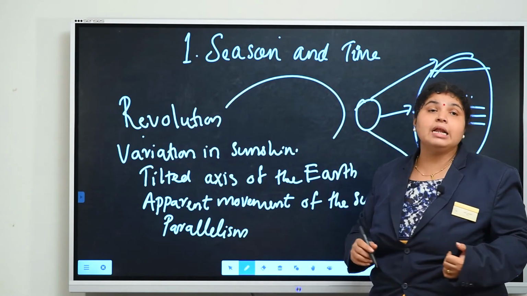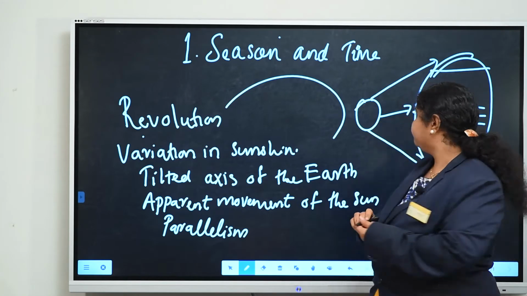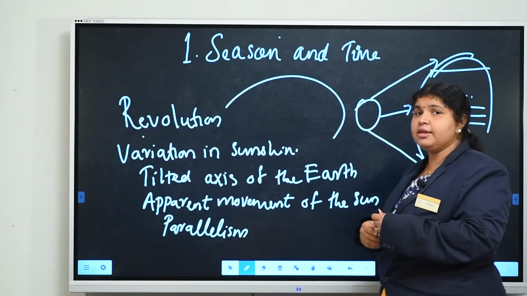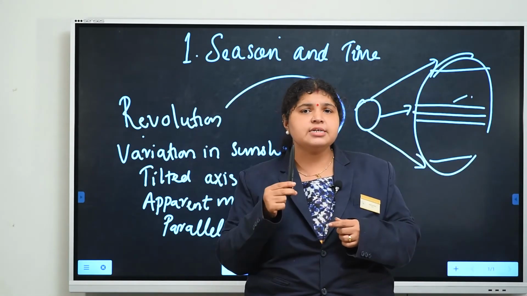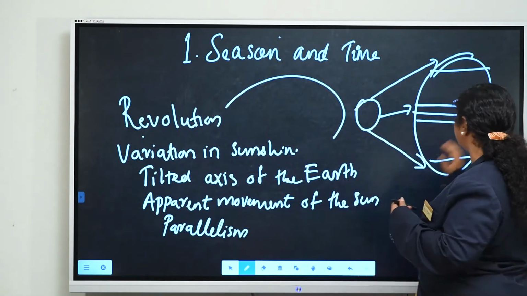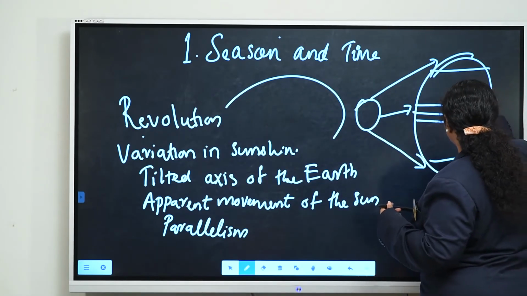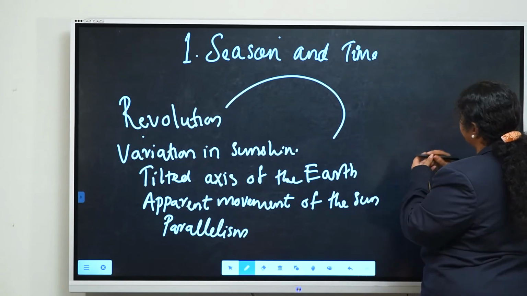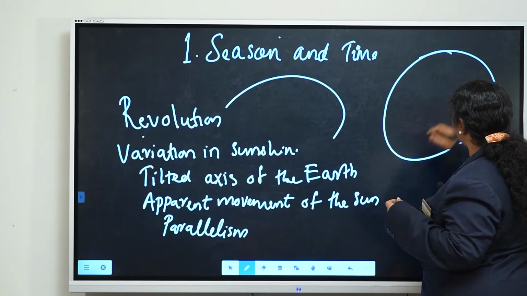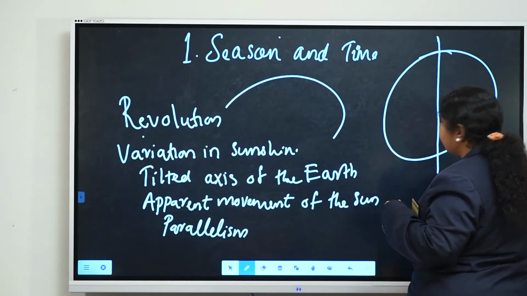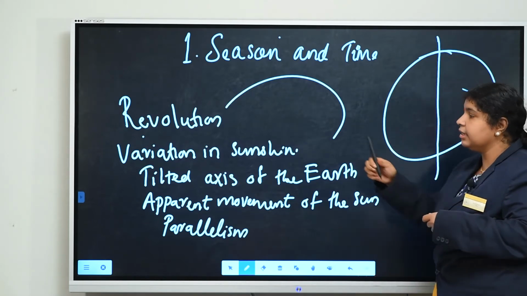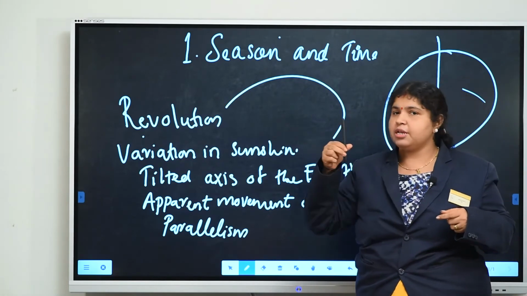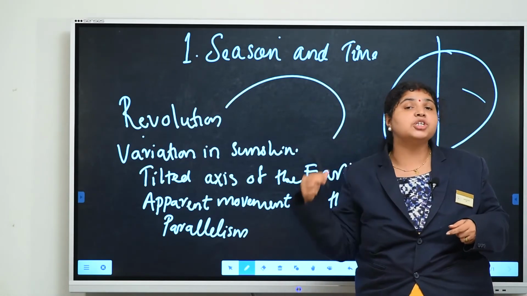Next is the tilted axis of Earth. Do you think our Earth's axis is tilted? Tilted means not straight. Of course not straight. See, this is the Earth, and if Earth's axis were straight, the Earth would move in that parallel direction only.